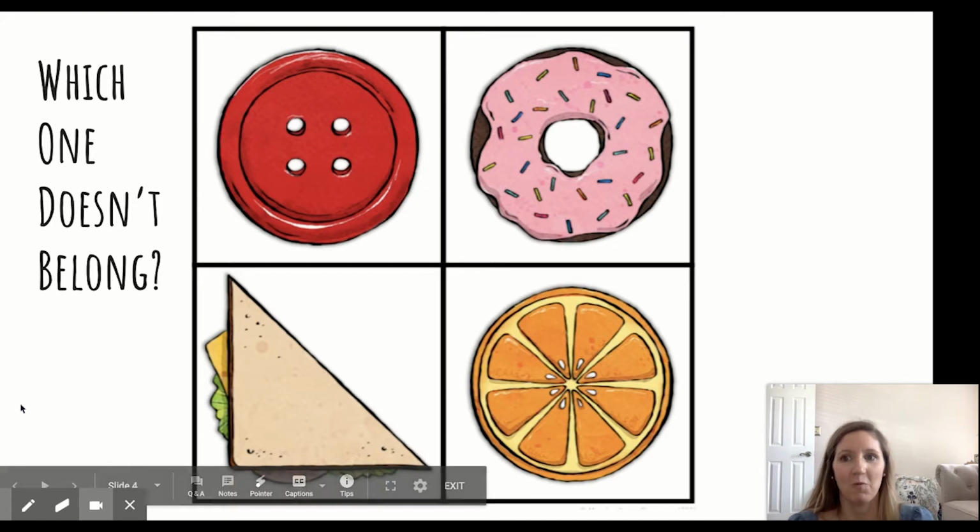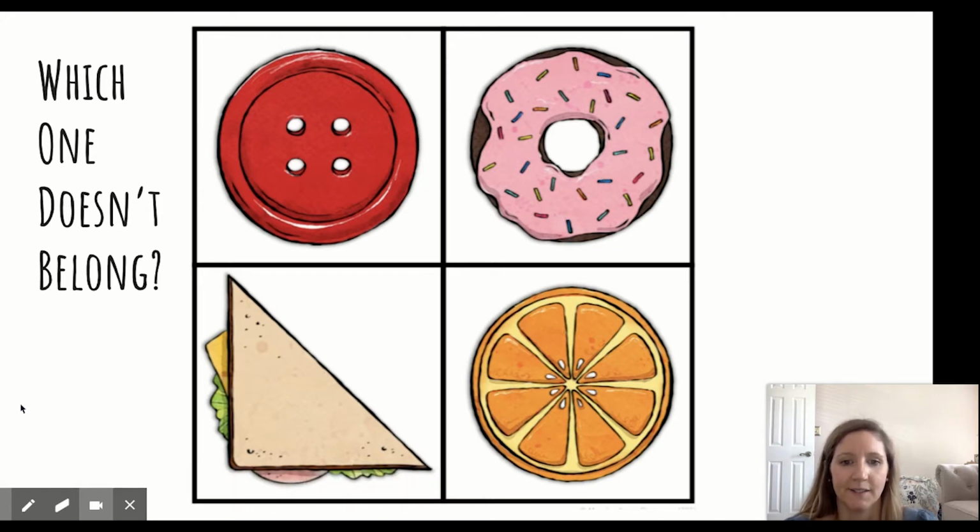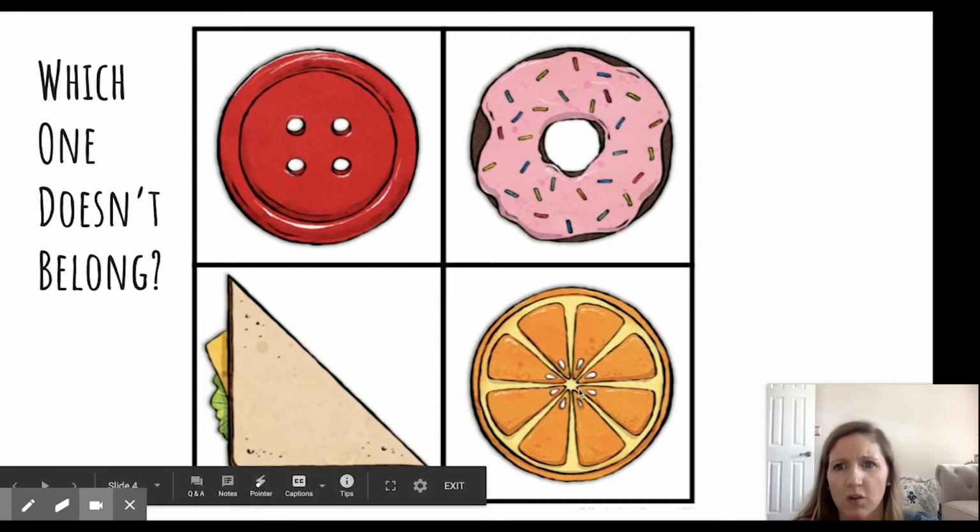Then think about what you wonder. I wonder if that is a tiny hole in the center of the orange slice, where all the pieces come together.